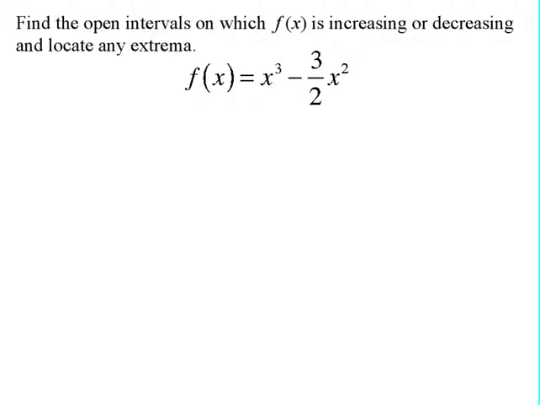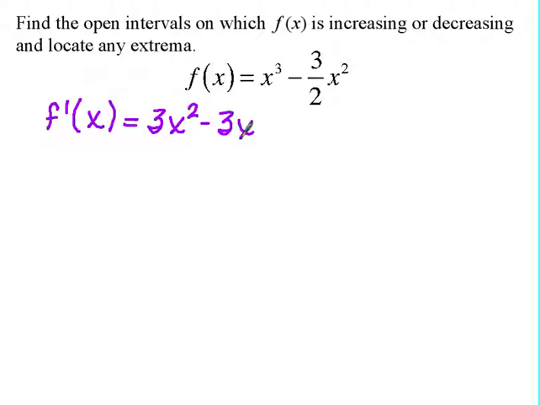So the first step was to locate the critical numbers. To find the critical numbers, I need to set the first derivative equal to 0. So let's first find the first derivative: 3x squared minus 3x.